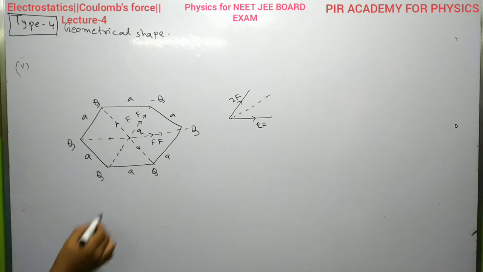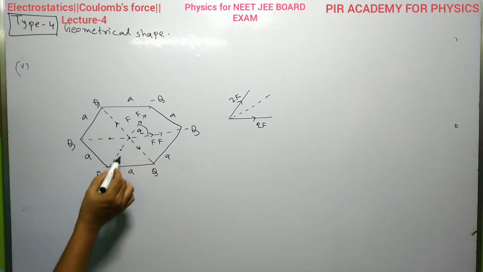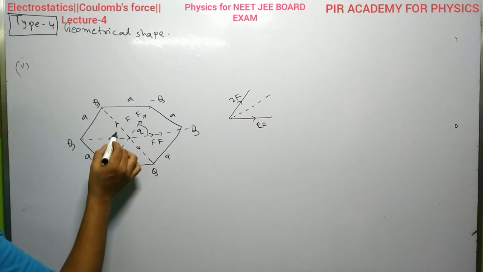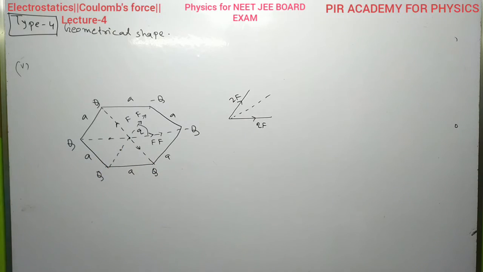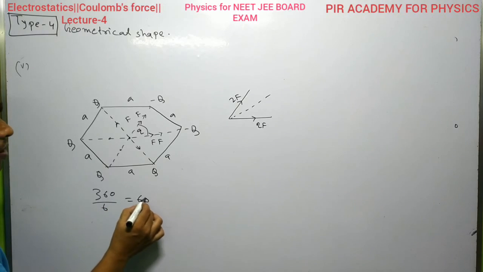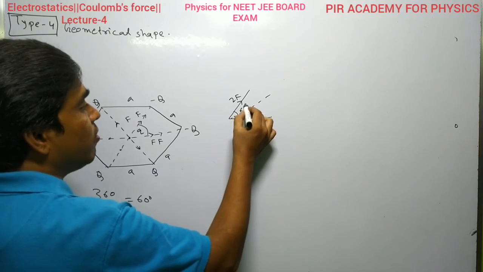So here the angle will be, with a total of 6 divisions, 360 divided by 6, which is 60 degrees. The angle will be 60 degrees.